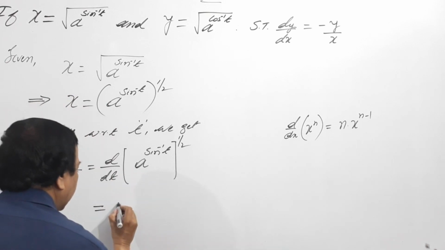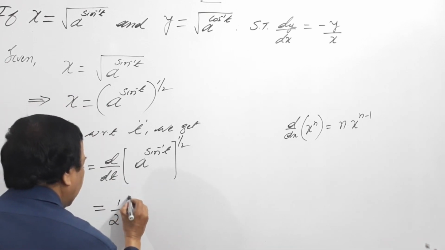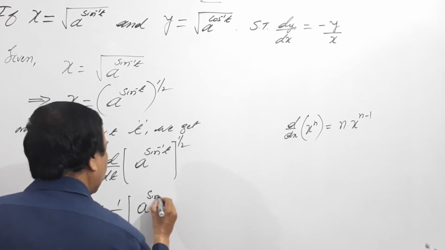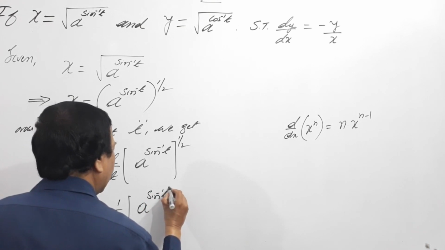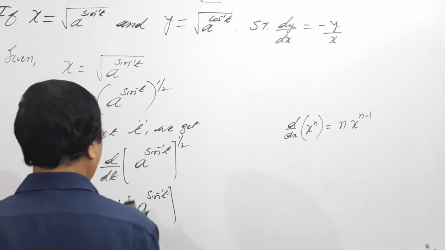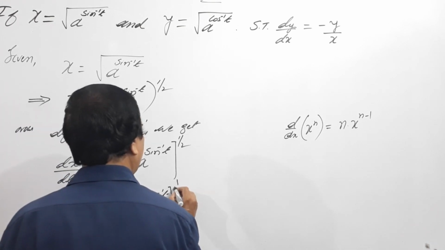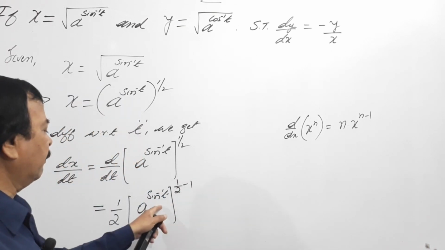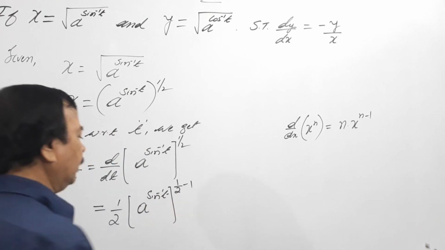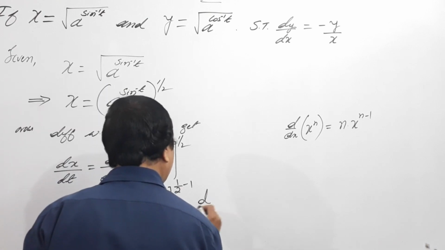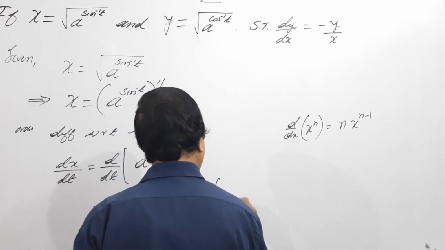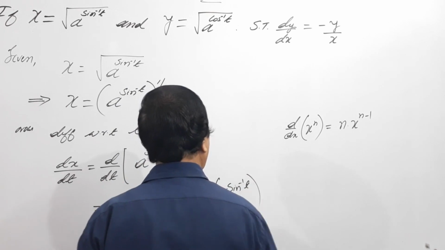What happens here? This becomes half into a to the power of sine inverse t, whole to the power of half minus 1, into d by dt of a to the power of sine inverse t. So what is d by dt of a to the power of sine inverse t?